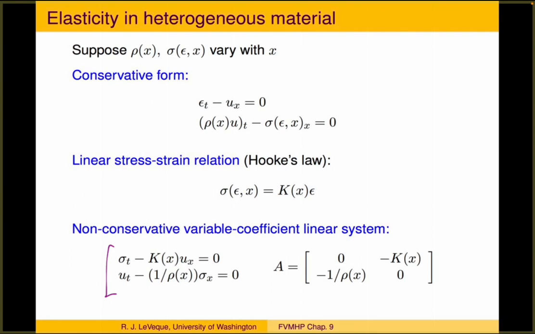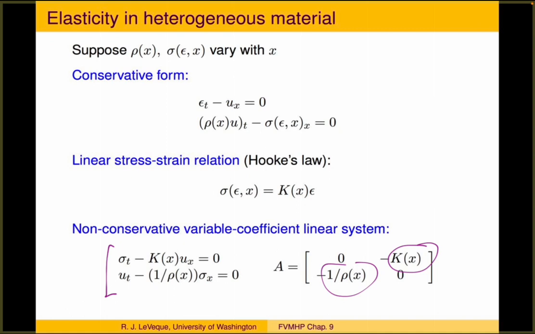The only difference is that the matrix A now has k of x and rho of x in it, but that matrix is multiplying the derivatives of u and sigma. So the variation in k and rho is no longer inside the derivatives, it's outside. So we have q_t plus A of x times q_x equals 0. So it's a non-conservative system.